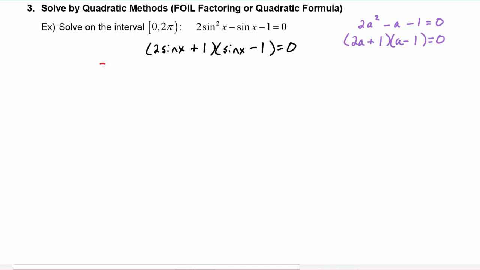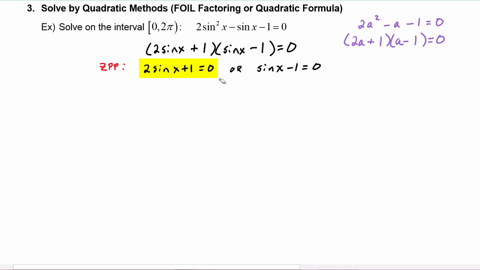Now by the zero product property, we know that 2 sine of x plus 1 will have to equal 0, or sine of x minus 1 will have to equal 0. In each case, we will need to isolate the trig function.